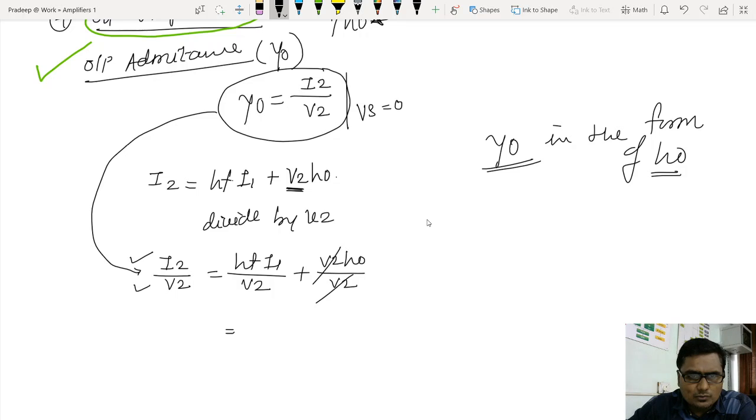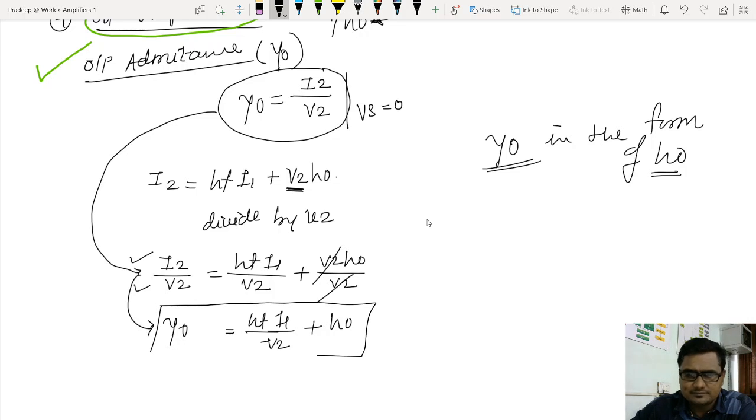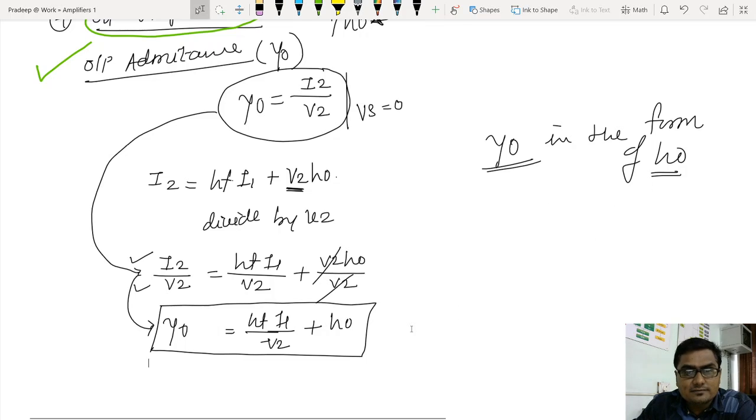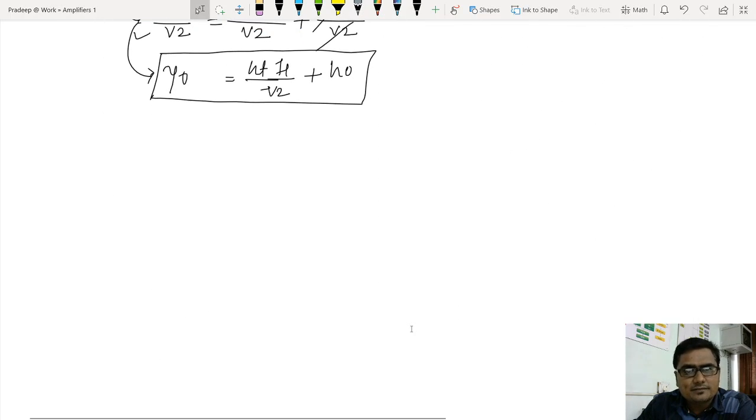So I will write YO is equal to HF divided by V2 plus HO, and that much is sufficient actually. What I feel is that the equation of YO in the form of HF and HO is sufficient.